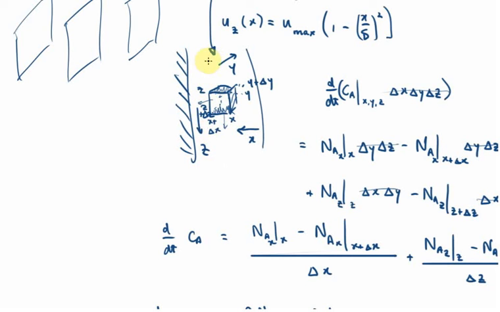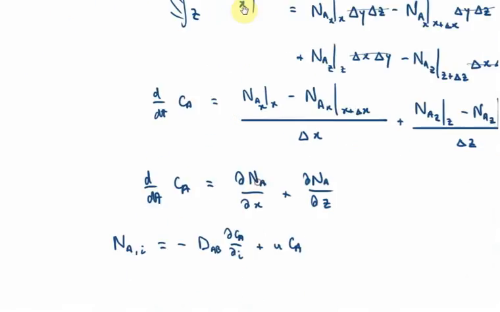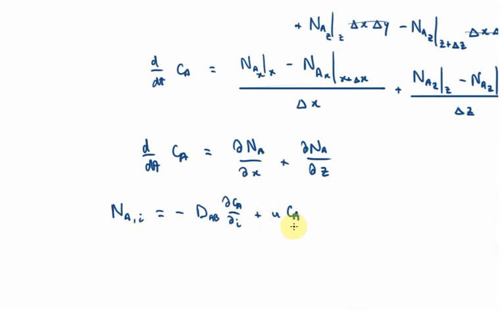Of course we may have diffusion in this direction also, but we would normally consider that small in comparison with the actual falling of the film. So we can simplify in the Z direction that this flux is largely this term. And I should say here, velocity in the i direction.